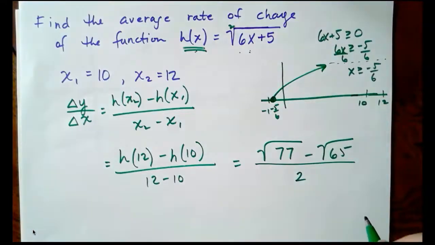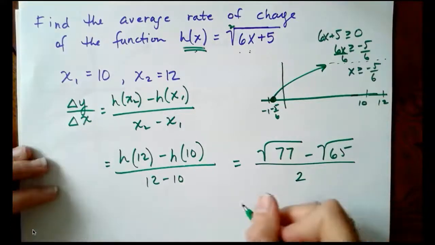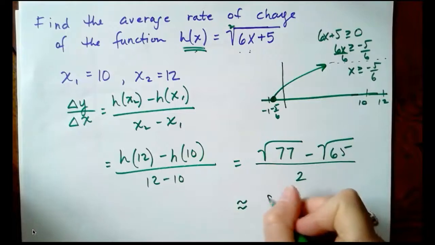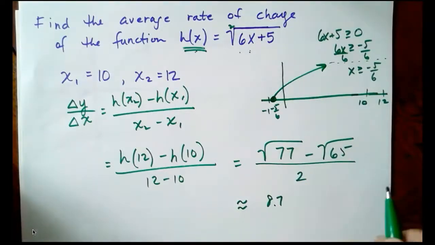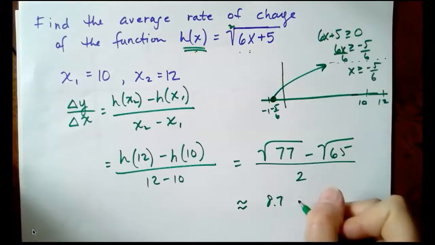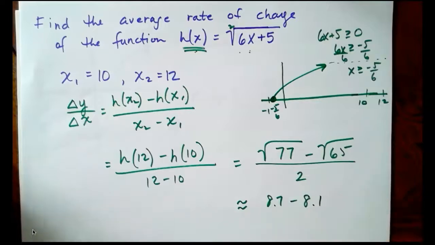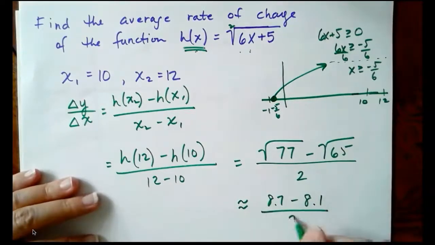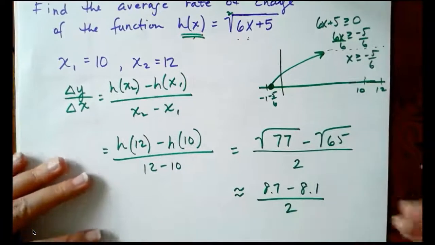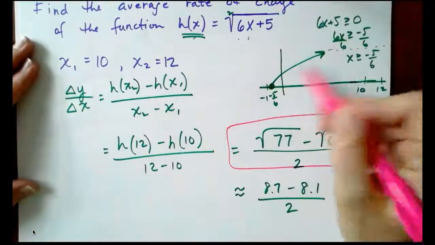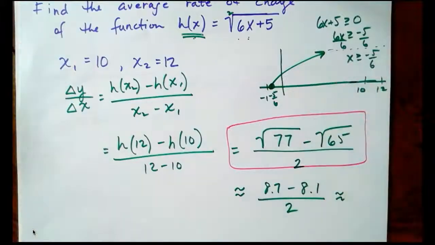If we wanted to consider what it might be, we could estimate here. The square root of 77 is really close to 9, so I'll estimate about 8.7. The square root of 65 is just a smidge above 8, so we'll say 8.1, and that's pretty generous. All over 2. So if we're getting an estimate here, and listen, this is fine, I just want you to think about it as it relates to the graph for just a moment.